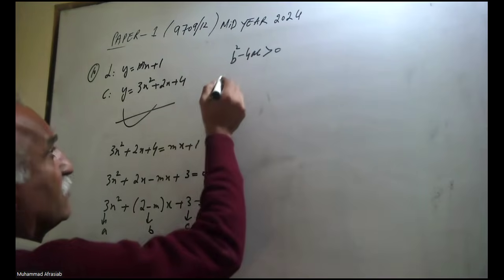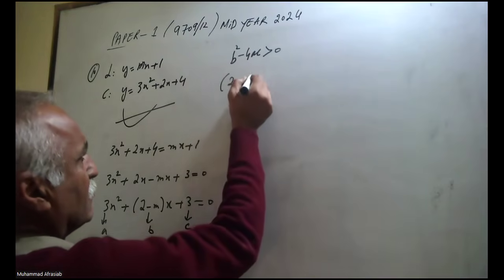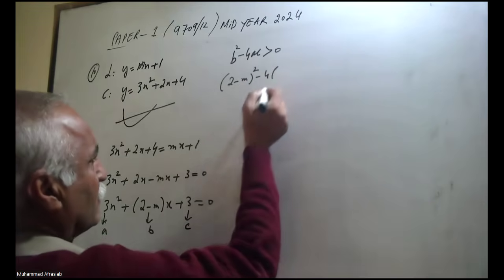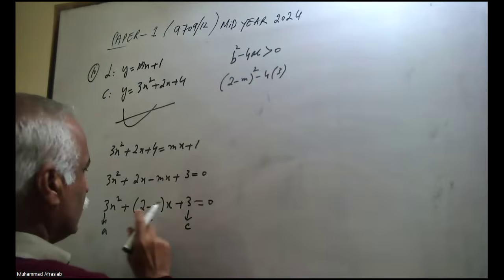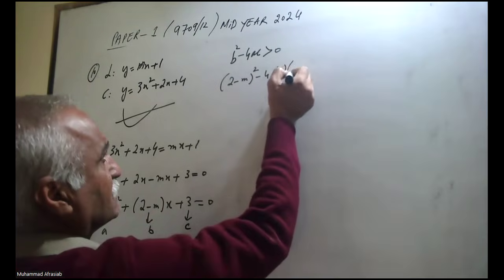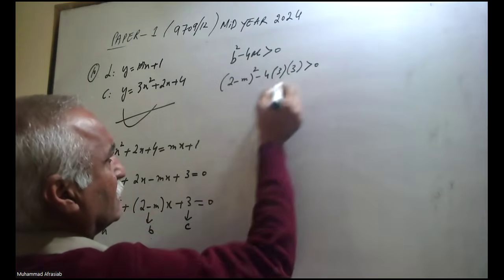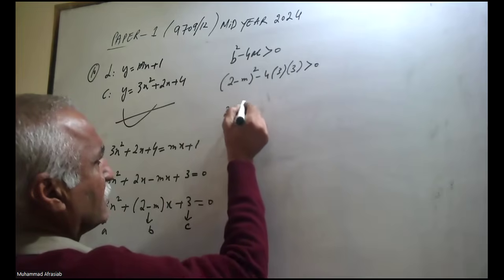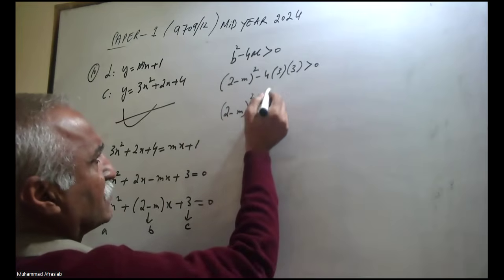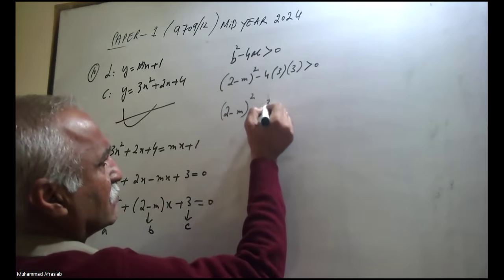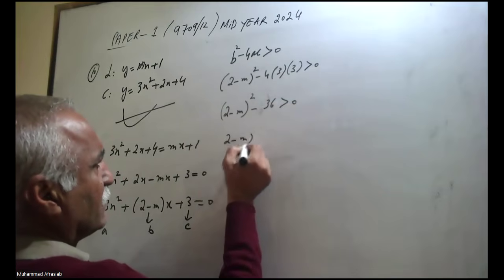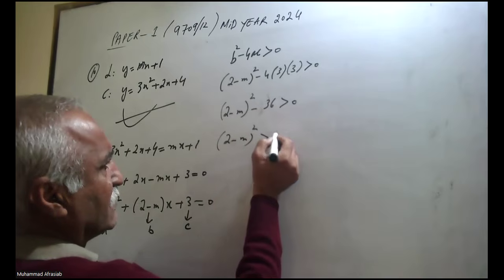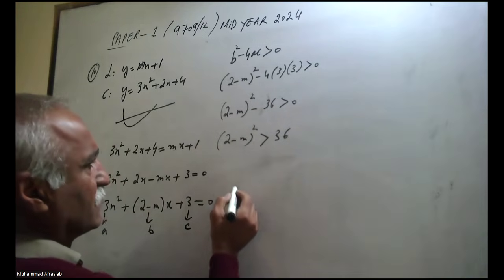b there is 2 minus m whole square minus 4 into 3 into 3, that is greater than 0, or 2 minus m whole square minus 36 is greater than 0, or 2 minus m whole square is greater than 36.